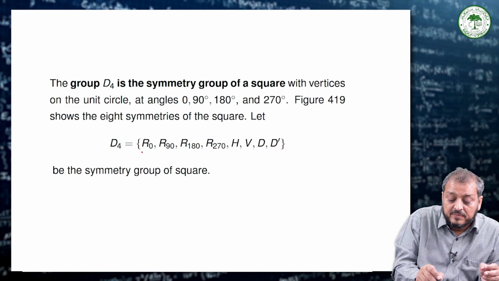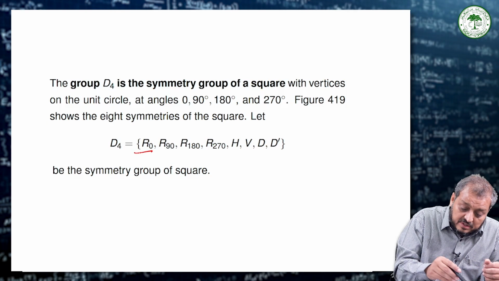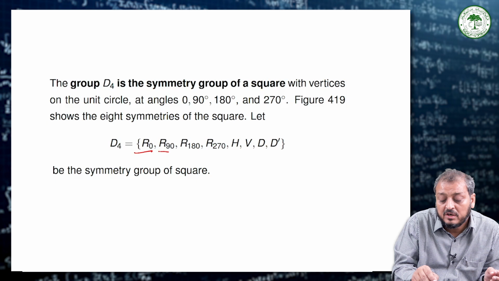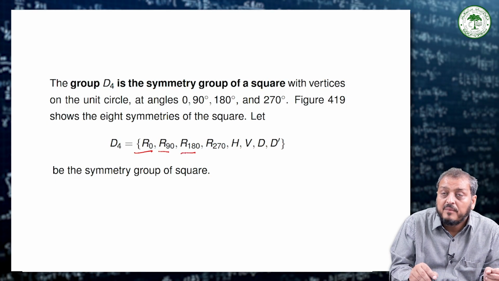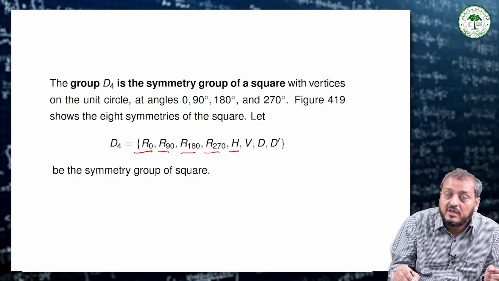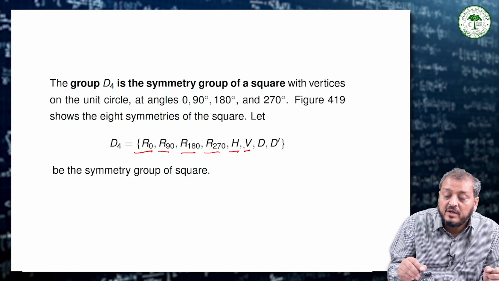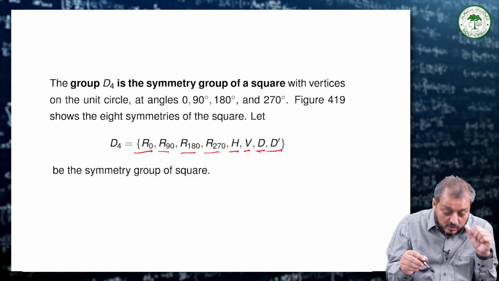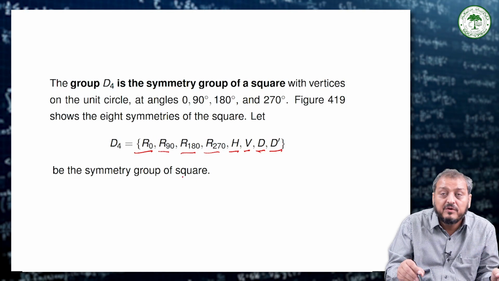We have rotations R0, which is no rotation, a rotation by 90 degree, by 180 degree, and by 270 degree, then horizontal reflection, vertical reflection, diagonal 1 reflection, and diagonal 2 reflection. This is the symmetry group of a square.